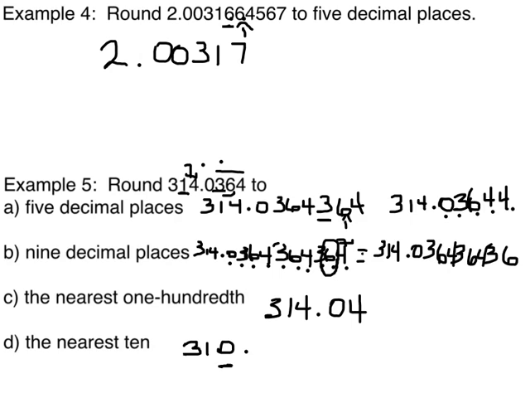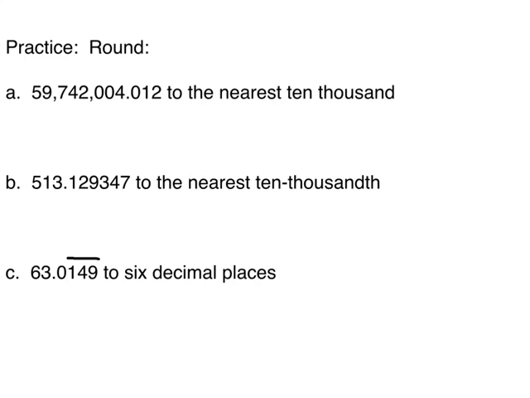All right, so let's do your practice problems. A says round this number to the nearest 10,000. There's no TH, so we look to ones, tens, hundreds, thousands, 10,000s.